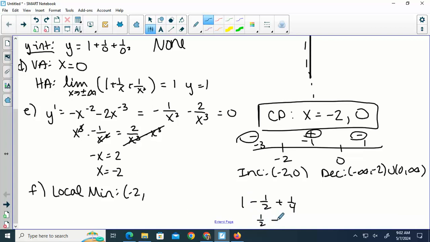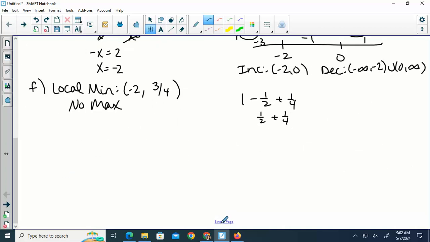So 1 half is like 2 over 4, plus 1 over 4 would be 3 over 4. Increasing to decreasing would be a max at 0, but can you plug 0 in? No, so we get no max, because it's not an actual point on our graph. All right, what do we need to find concavity?